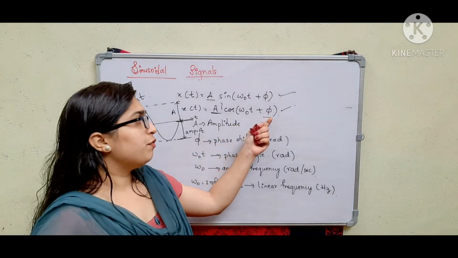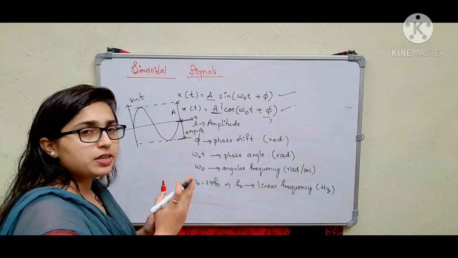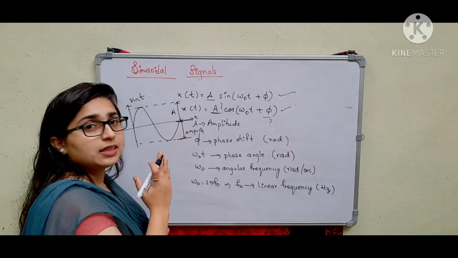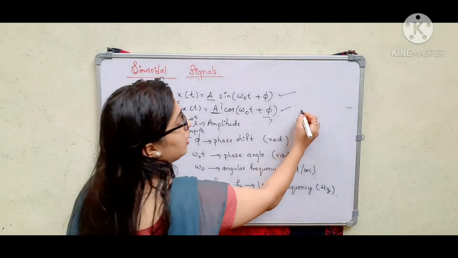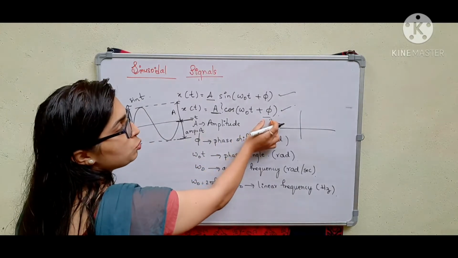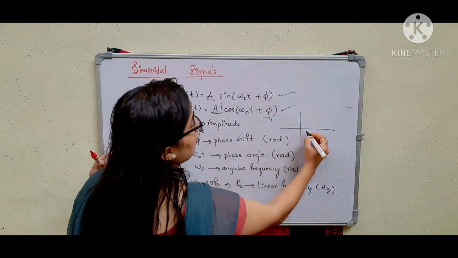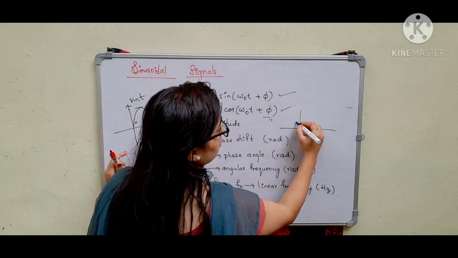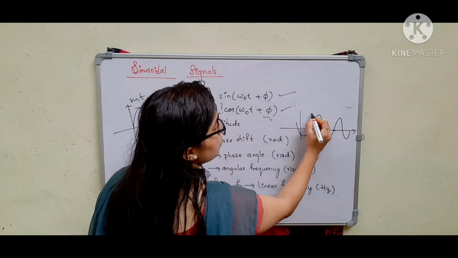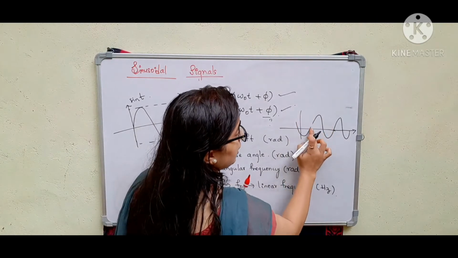Then what is this phase shift? The phase shift tells us by which amount the signal is shifted in the horizontal direction. Like if I have sin t like this, and I am going to shift it by 5. I was having the axis here, so now I am shifting it.